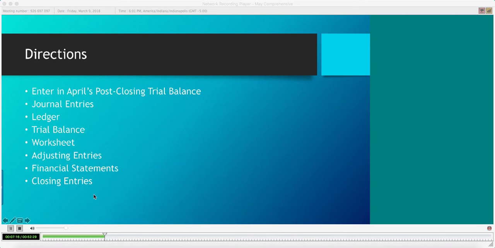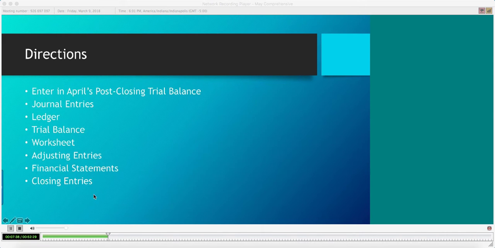One, that helps make sure you have the correct answers for April. Two, it gives you a good start for May's comprehensive, because you have to take those amounts from the post-closing trial balance and enter them into the general ledger for May as the beginning balances.